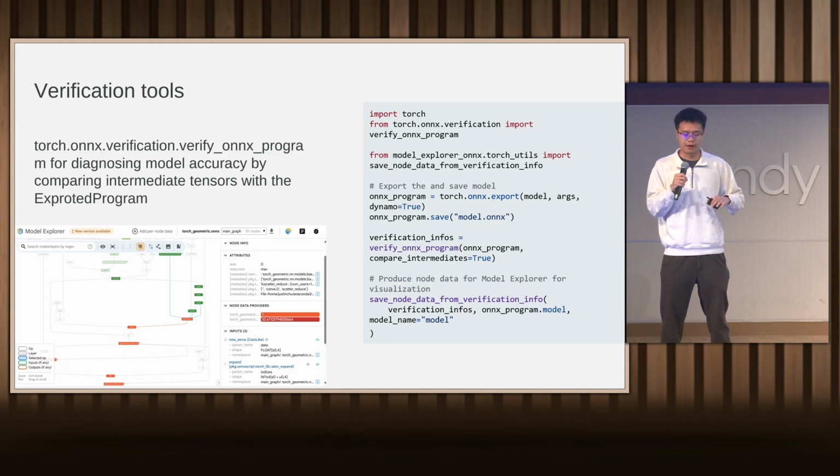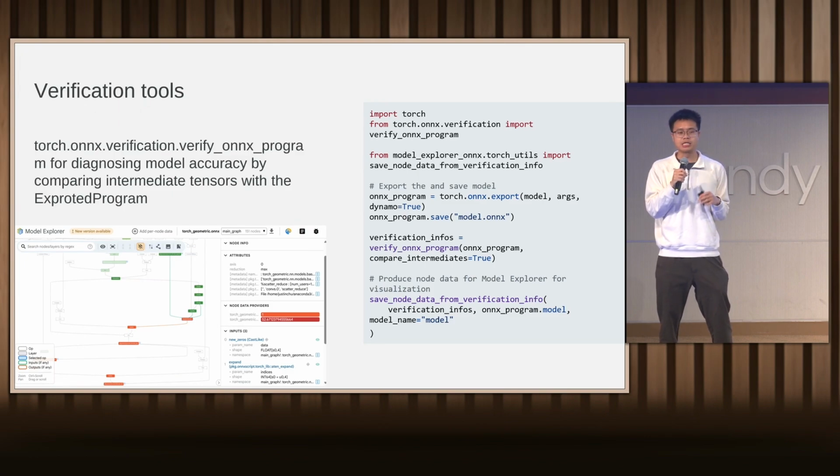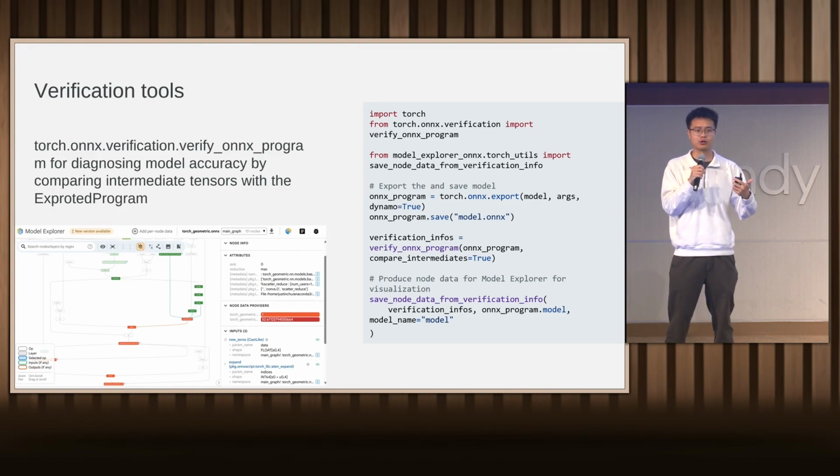Next, we have improved the verification tools that we provide in the Torch ONNX module. We now have this single API, verify ONNX program. What it does is it takes the ONNX program that you obtain from ONNX export, which contains the exported program from PyTorch and the ONNX model in the form of ONNX IR.